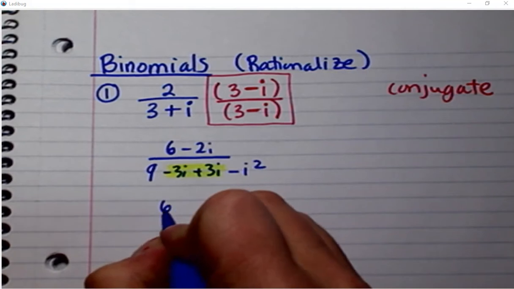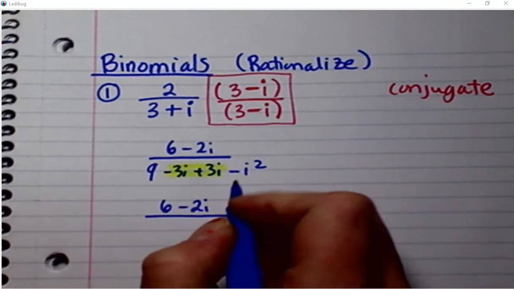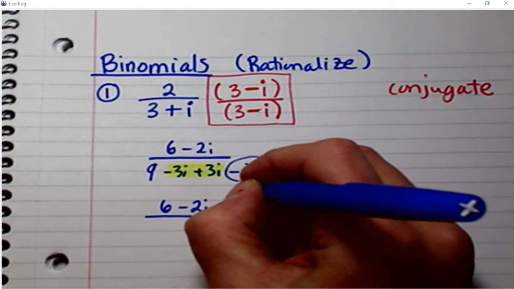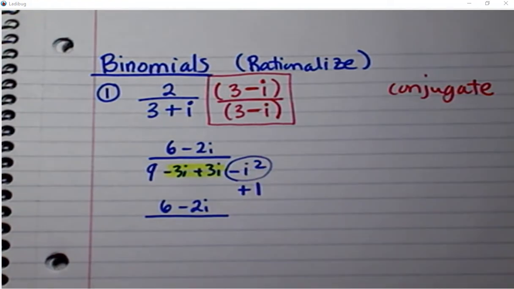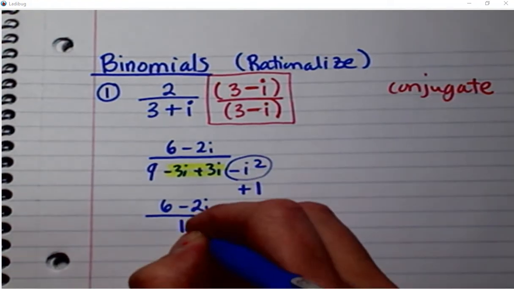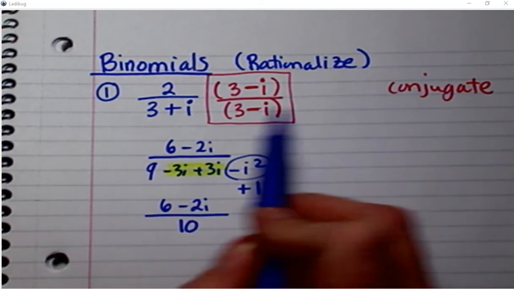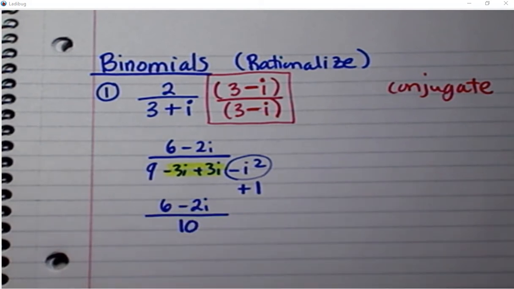Okay. 6 minus 2i. All right. That really turns into a plus 1. That's it. How do you rationalize with binomials? It's this conjugate idea. Because multiplying by the conjugate turns it into a rational number. That was the review.